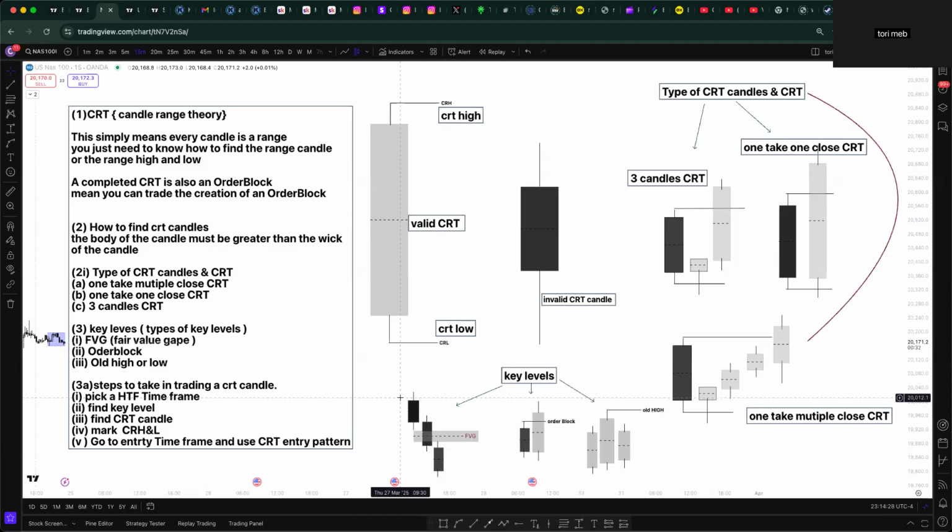I'm going to be very fast in this video because this is just an introductory video. I'm going to talk about the basics of CRT, what you need to know about CRT in a nutshell, and with the diagrams you're seeing here, you get to understand more on CRT and how to trade CRT.